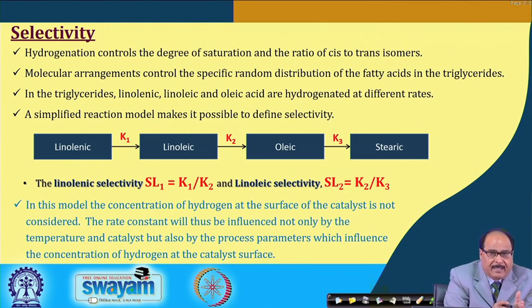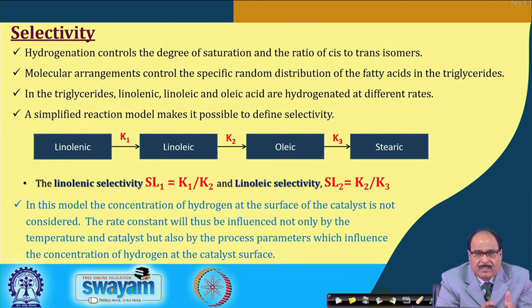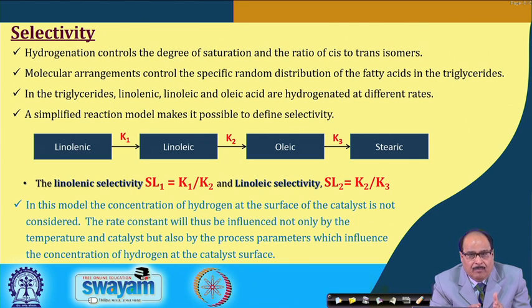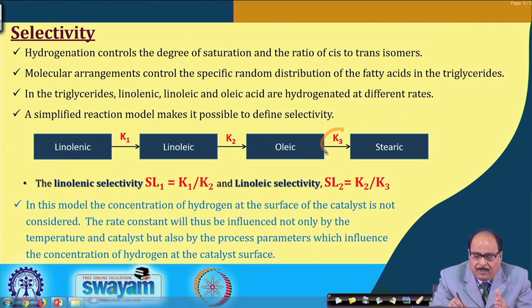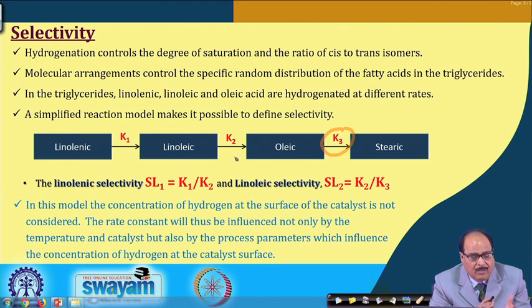If the rate of hydrogenation of linolenic to linoleic is K1, the rate of conversion from linoleic to oleic is K2, and the rate of conversion of oleic to stearic is K3, then the linolenic selectivity SLn will be equal to K1 by K2, that is the conversion of linolenic to linoleic relative to linoleic to oleic, and the linoleic selectivity SL will be K2 by K3.